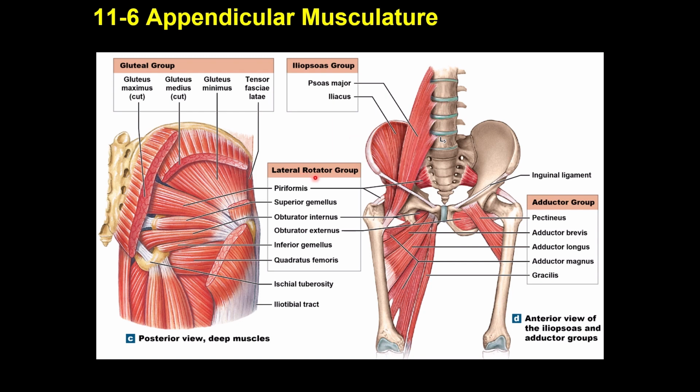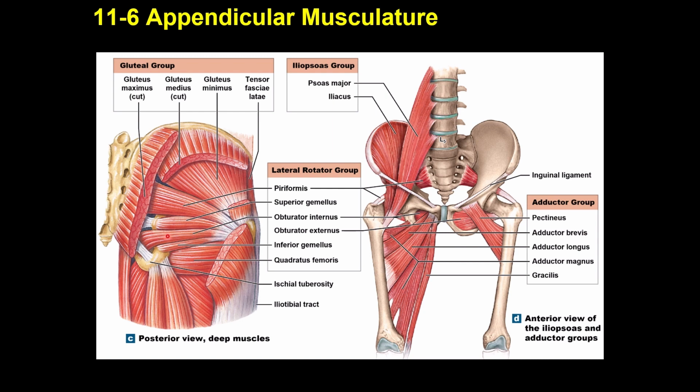Then you have the lateral rotator group muscles. So this is called piriformis. This is a group called lateral rotation of the hip. You can see in the background superior and inferior gemellus muscles. In the middle, you have the obturator internus.